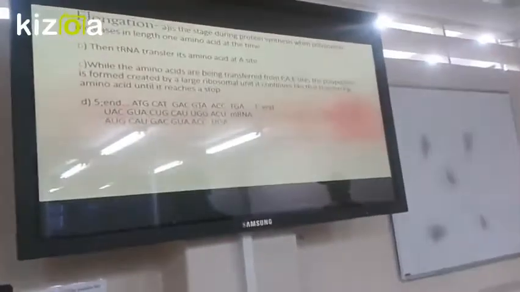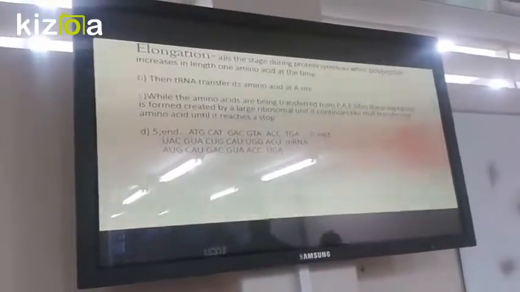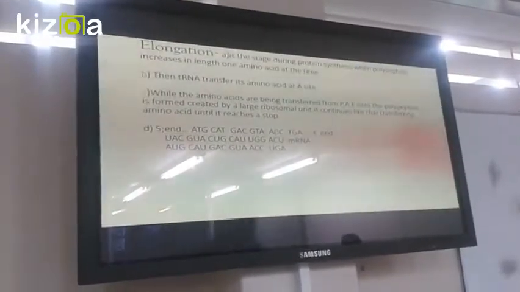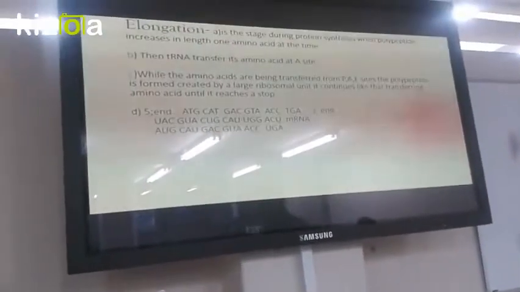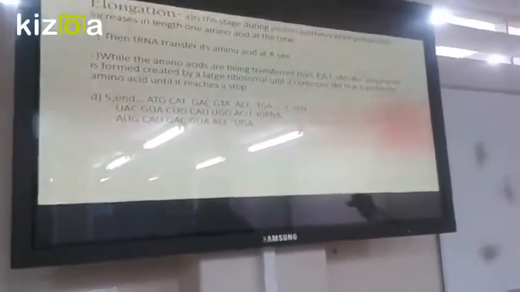And then the elongation stage, which is the second stage of translation, is the stage during protein synthesis whereby the polypeptide increases in length one amino acid at a time. When an amino acid comes, the polypeptide increases. Another amino acid comes, the peptide increases.